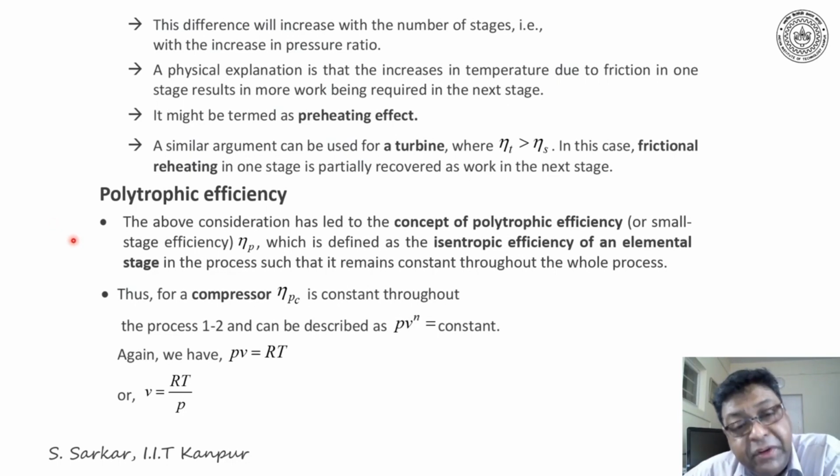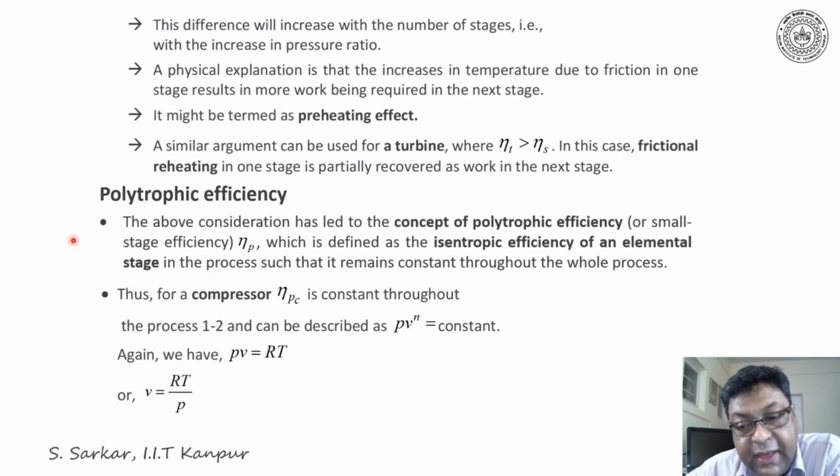Furthermore, I have defined polytropic efficiency. The above consideration, as I have discussed before, has led to the concept of polytropic efficiency, or the small stage efficiency denoted by eta P, which is defined as the isentropic efficiency of the elemental stage in the process, such that it remains constant throughout the whole process of compression and expansion.